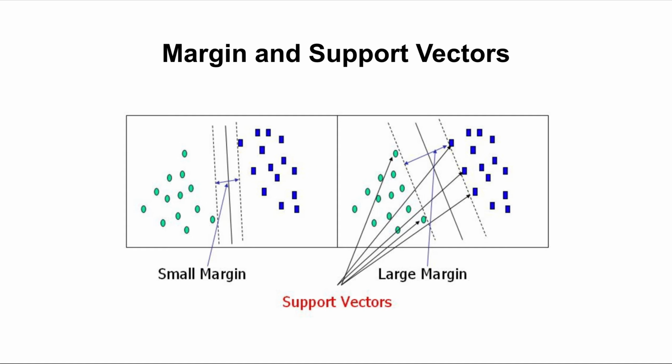And so a hyperplane with a really small margin is relatively close to both data clusters on both sides. A hyperplane with a large margin has a really far distance from both data clusters on both sides. And that's important to know because now you can talk about a hyperplane having a small or large margin.